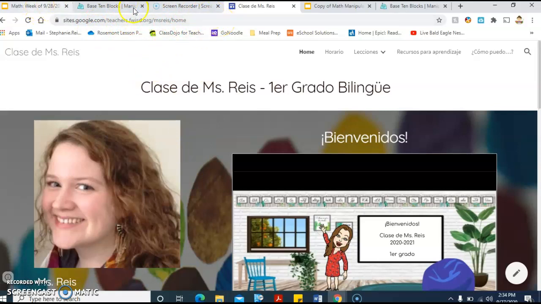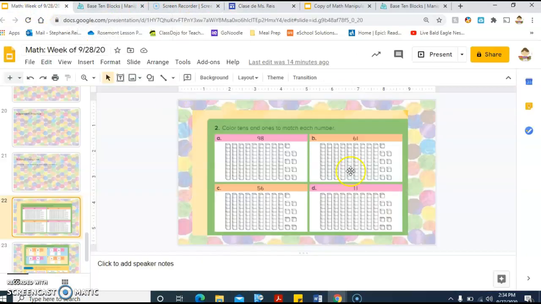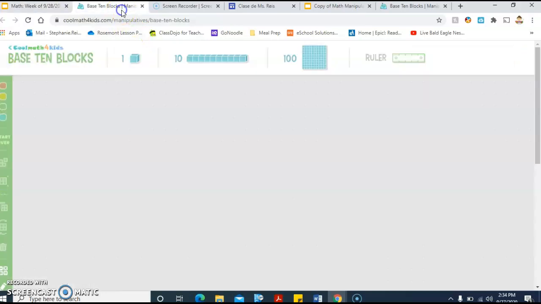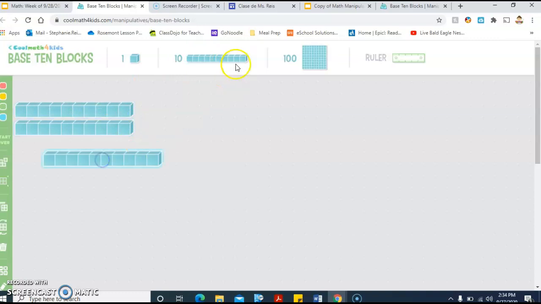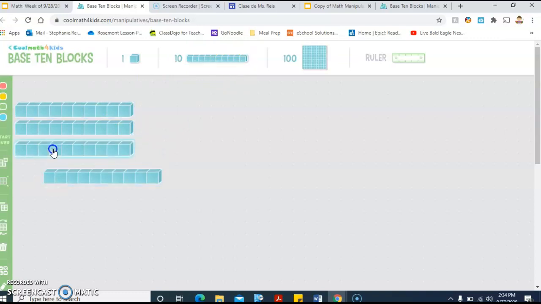Okay? Alright. So I have 61. I have a 6 in the tens position, and I know tens, I always use rods. So I'm going to use my rods, and we're going to do 6. 1, 2, 3, 4. Oh, I have to move those over a little bit.